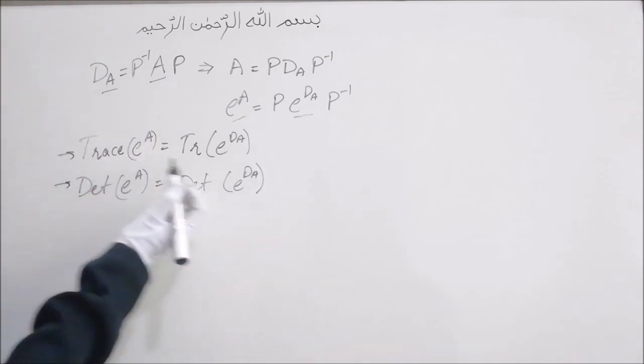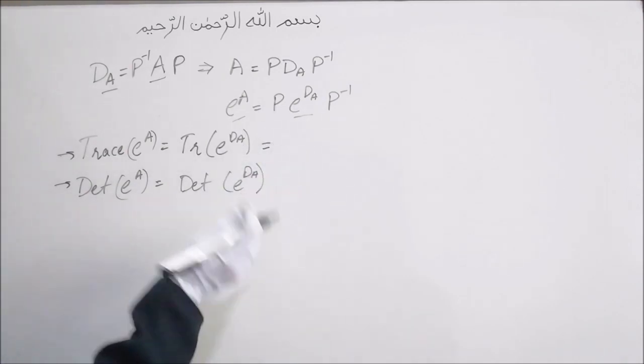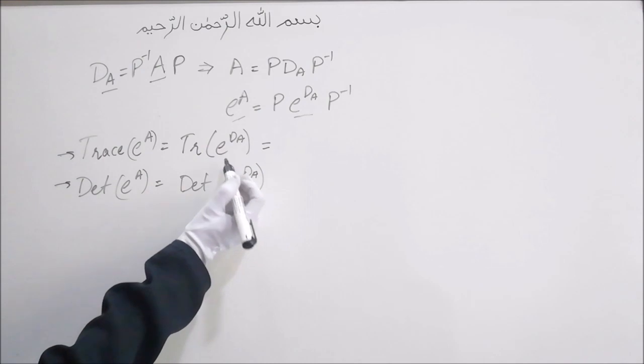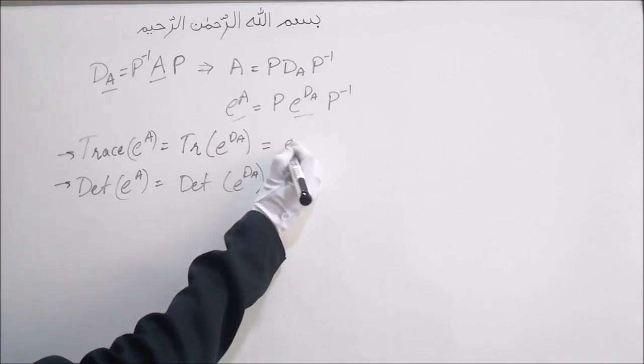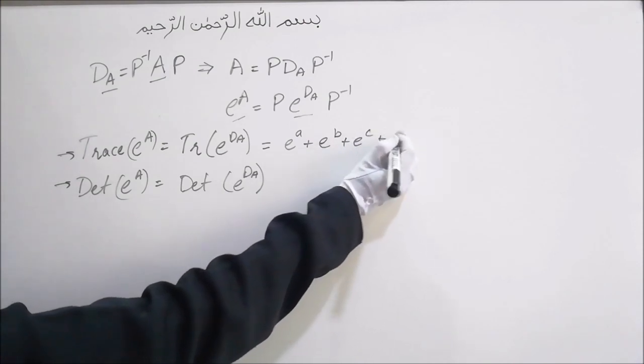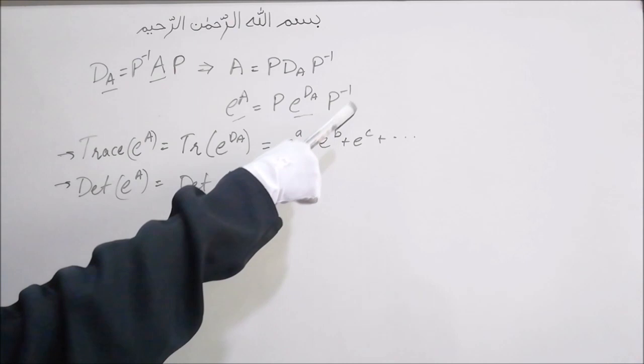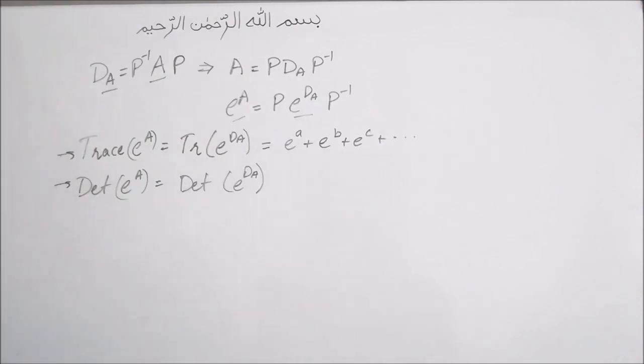Now trace of e raised to A, which is equal to trace of e raised to dA, will be nothing but the sum of the eigenvalues of e raised to dA. That means it will be e raised to a plus e raised to b plus e raised to c plus so on, or we can write e raised to lambda 1 plus e raised to lambda 2 plus e raised to lambda 3 plus so on.